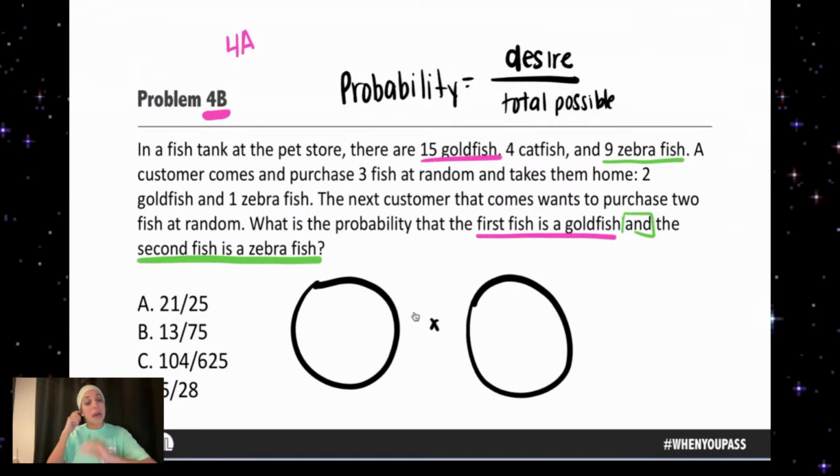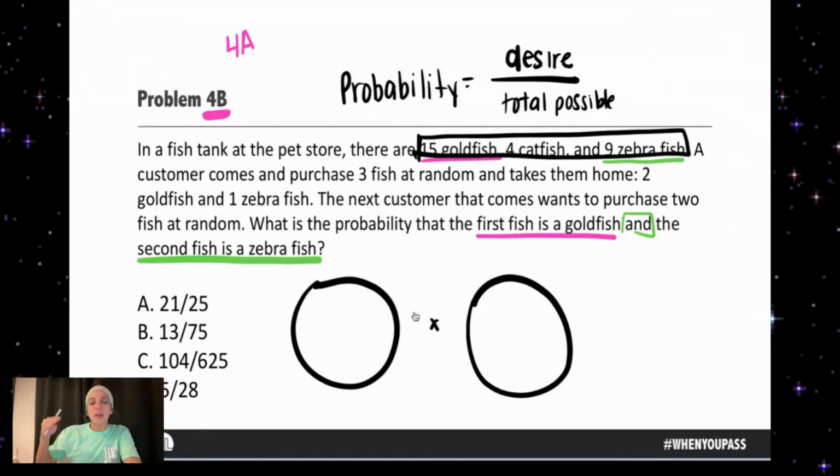So my total possible, one would think, would be 15 plus 4 plus 9. However, a customer comes in and purchases fish. So there are no longer 15 goldfish, 4 catfish, 9 zebrafish in the tank.